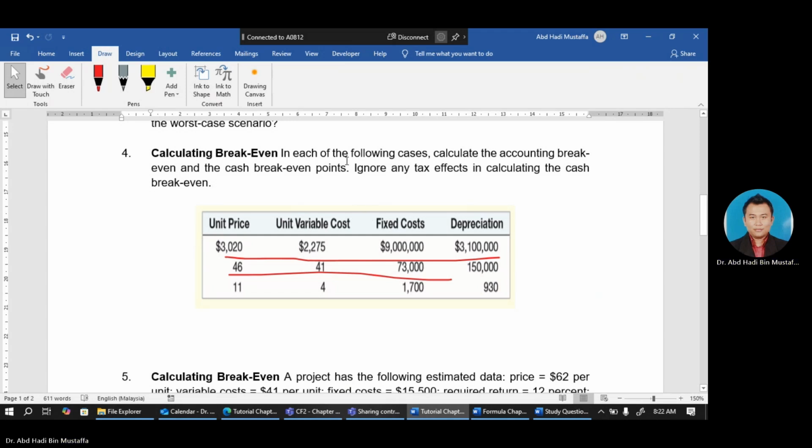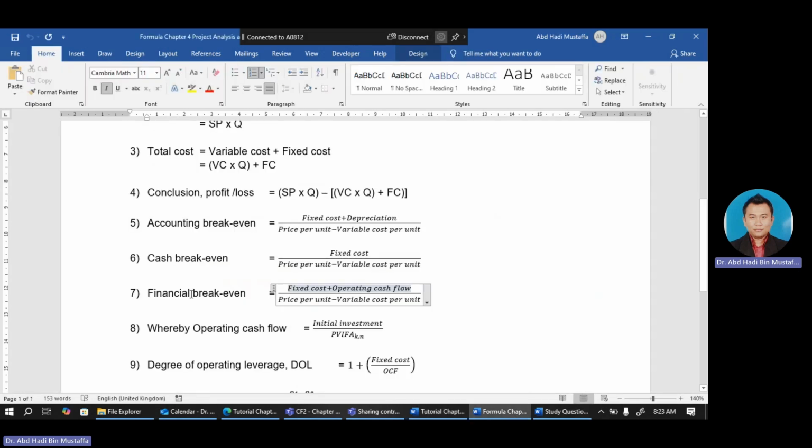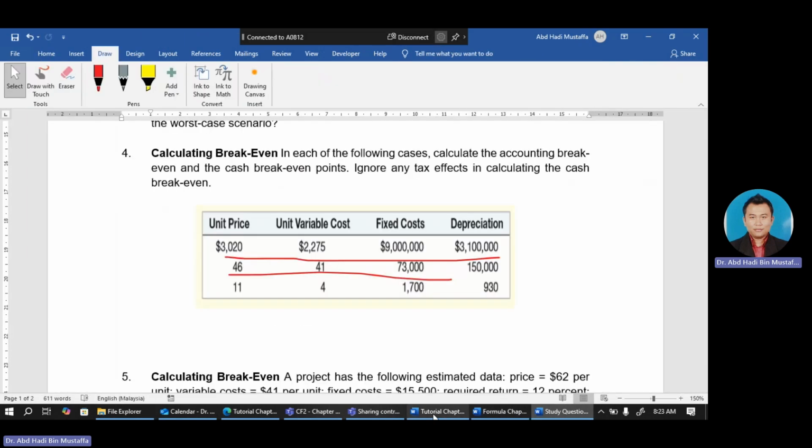So calculate the accounting break even and cash break even points. Remember, in the formulas we have 3 break evens, right? Accounting break even, cash break even, and one more, financial break even. But since the question asks you only 2, which is accounting break even and cash break even, just answer 2 only.